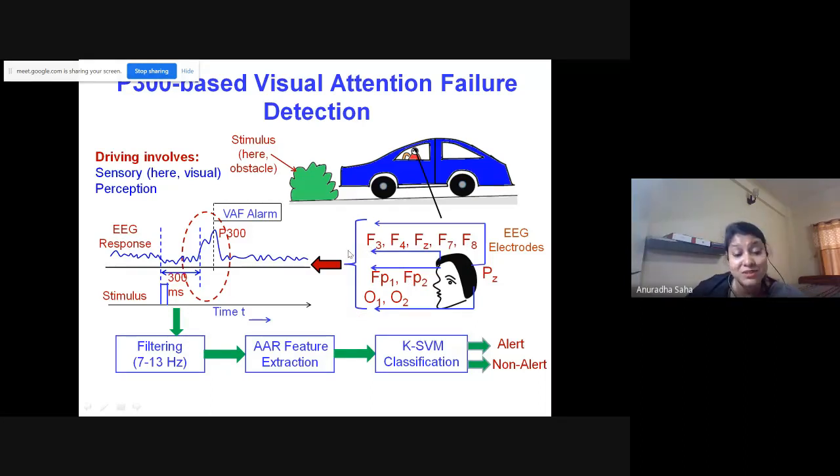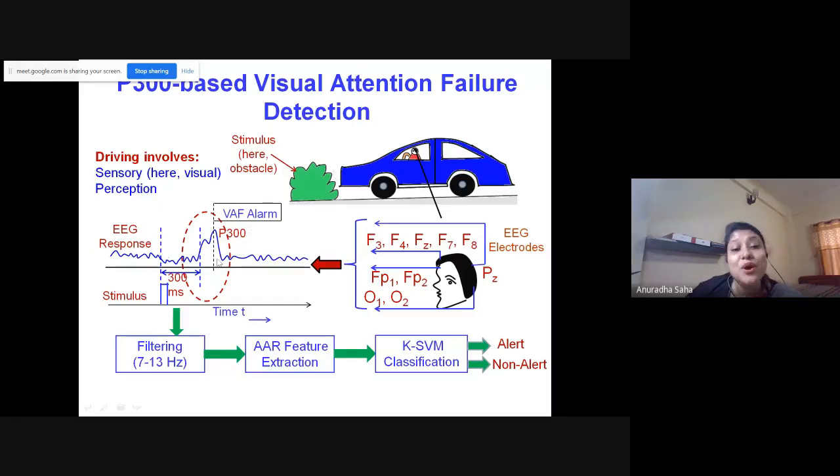F stands for frontal, FP stands for prefrontal, P stands for parietal, and O stands for occipital. So the EEG signals coming from all those brain lobes can be detected, and you can see whether we are getting any kind of P300 peak at around 300 milliseconds from the onset of the stimulus. Here is the obstacle.